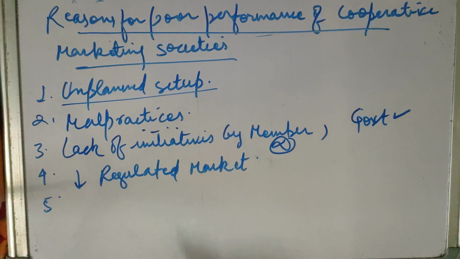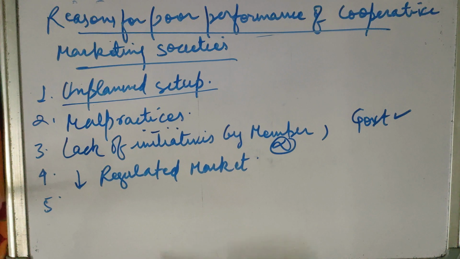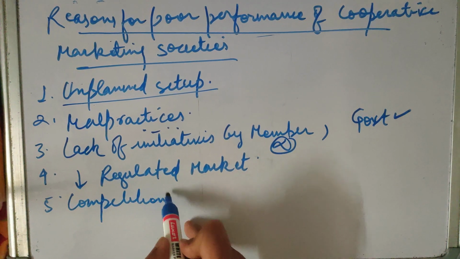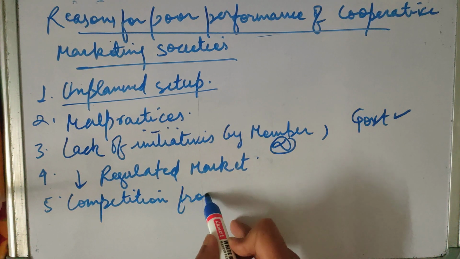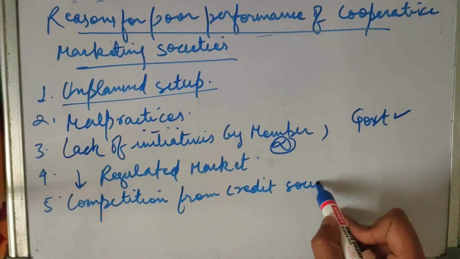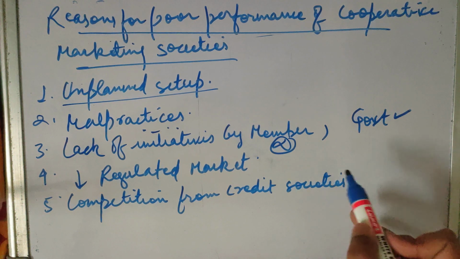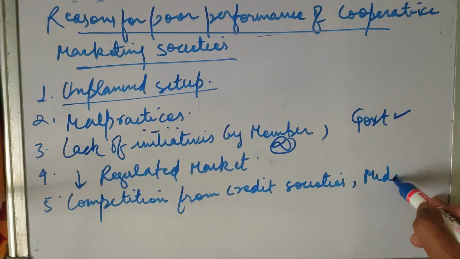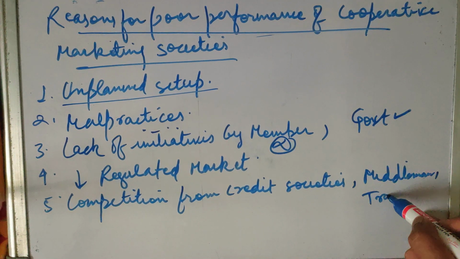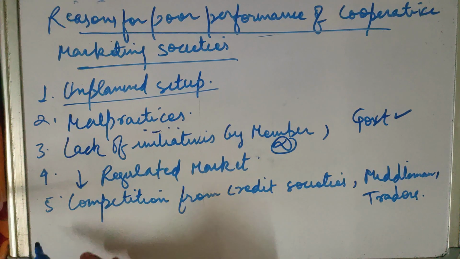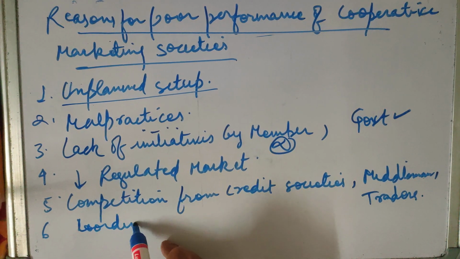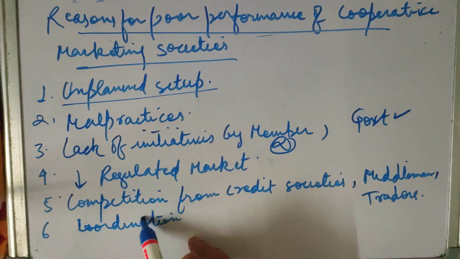There is also competition from credit societies, middlemen, traders, etc. There is lack of coordination among members. Coordination is always lagging.